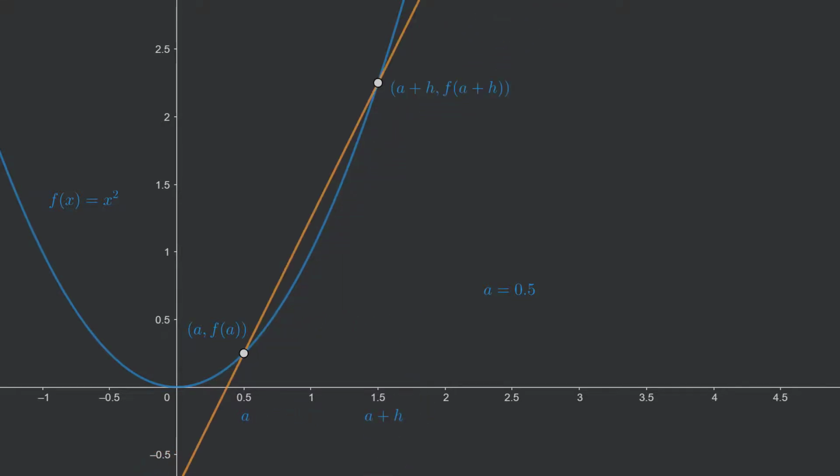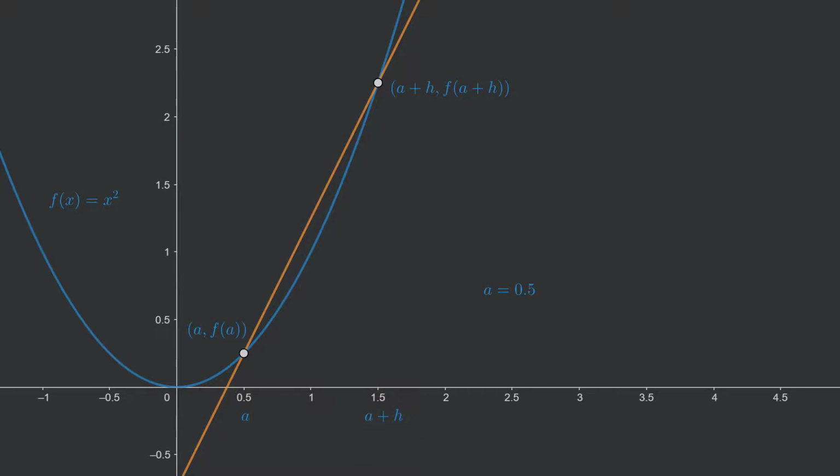Now the precise mathematical interpretation of the process of making h smaller is to replace h by a zero sequence which converges to 0. Consequently, we obtain a sequence of secants. For each member of that zero sequence, we get a corresponding secant.